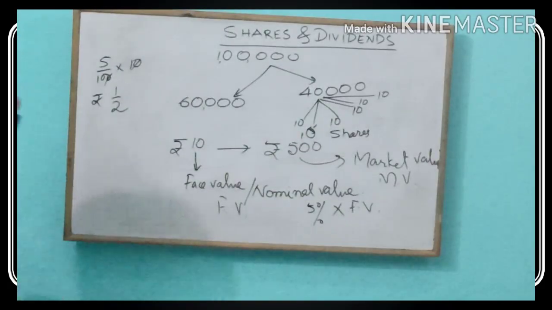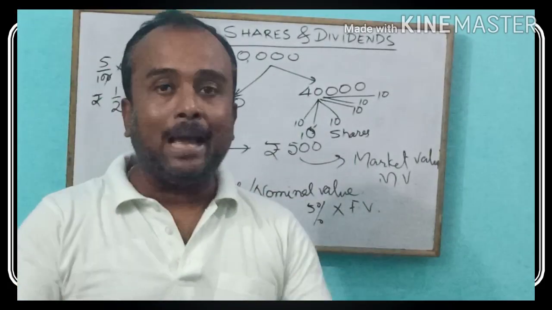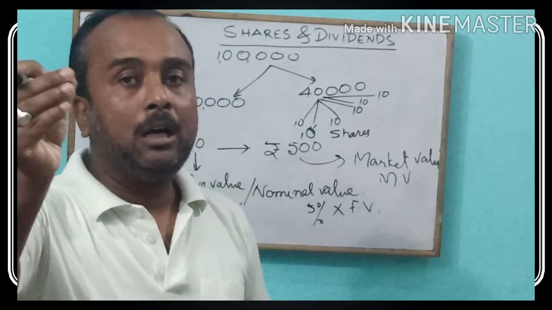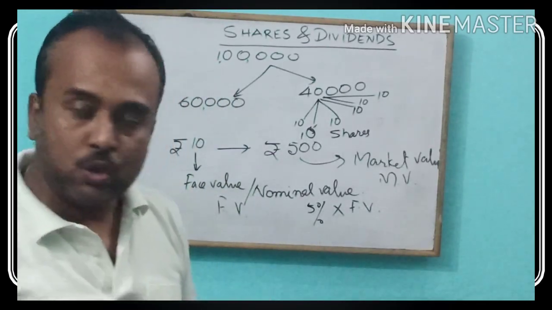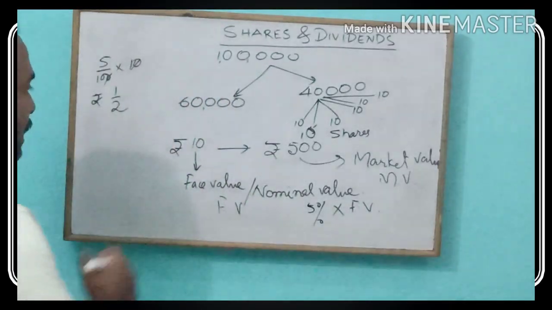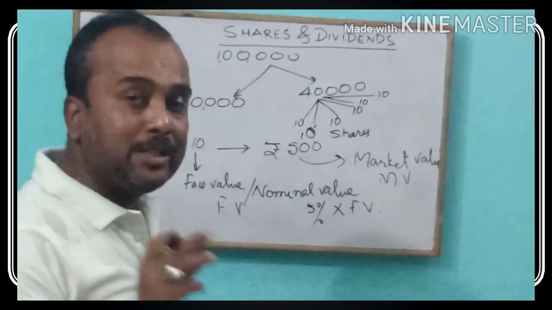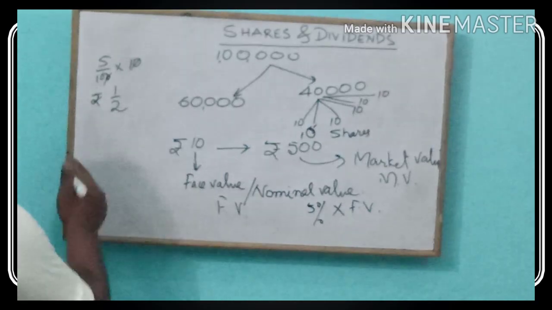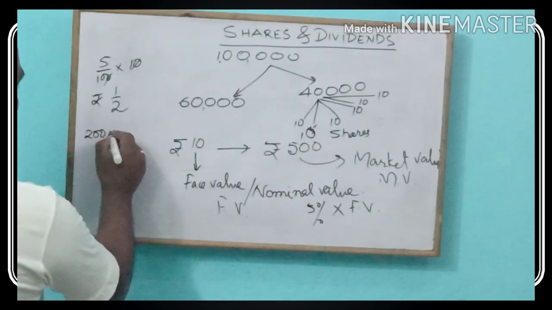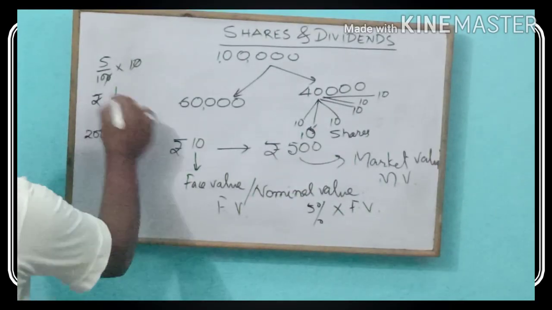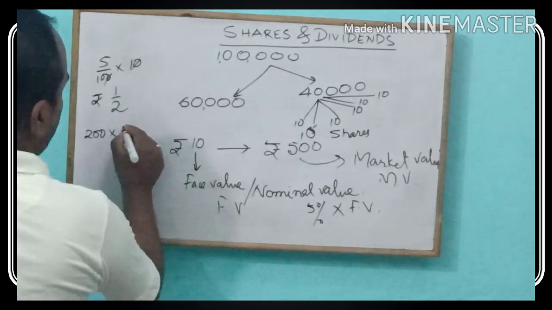5% of rupees 10. Suppose a person had invested 200 rupees. If he has invested 200 rupees, and for every share the face value is 10 rupees, then he will get 200 into, per share he is getting how much? Half rupee.